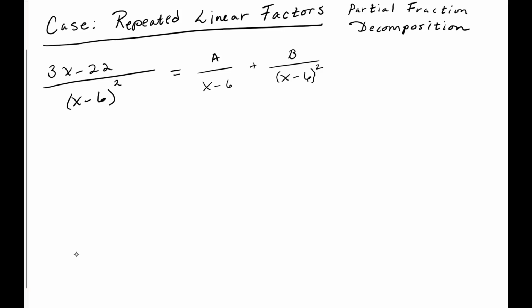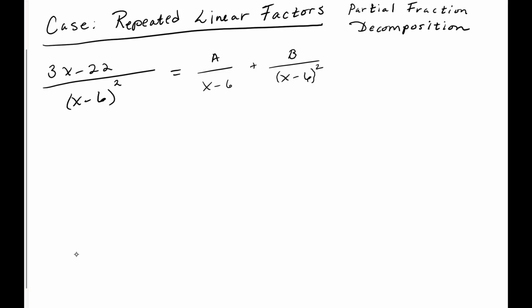Now here's the trick to figuring out about A and B. We're going to get into another video where we talk about linear and quadratic factors, but your A and your B will always be 1 degree less than whatever is in the denominator.